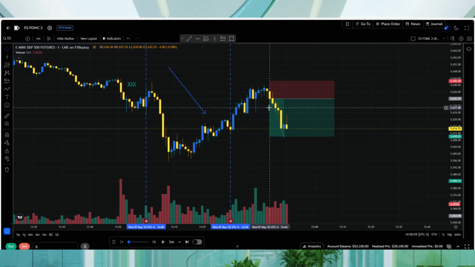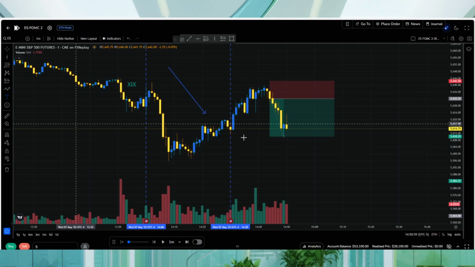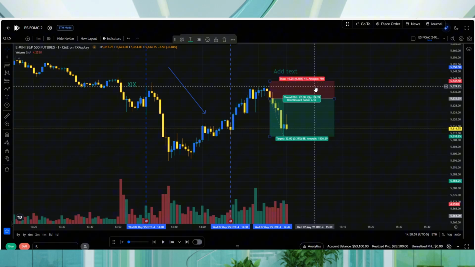And we get our target filled here. So that gives us our PD equals 140 plus 20 equals 160.